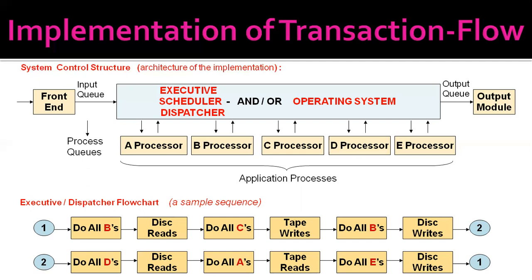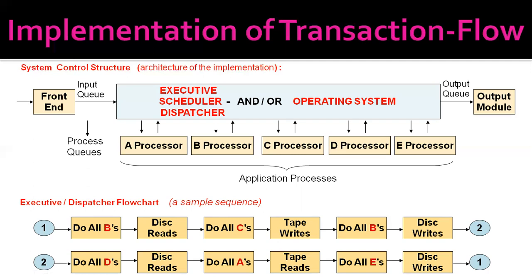If you observe this particular system, there are 5 processors: A, B, C, D, and E. You can also see that there are 2 memory devices, a disk and a tape, which can be used for reading and writing.